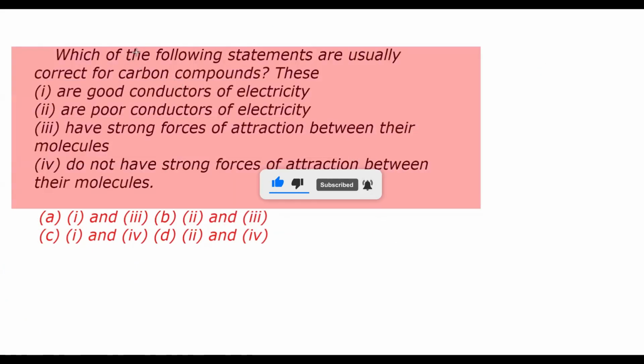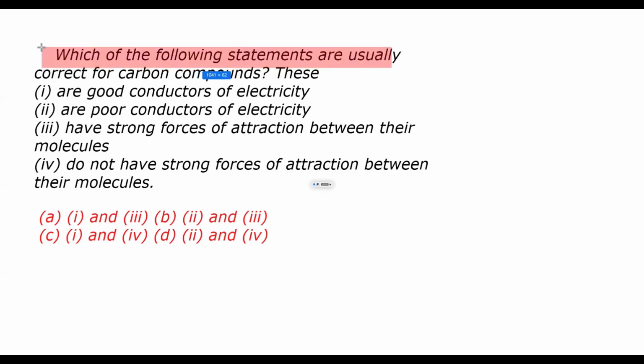The question here is, which of the following statements are usually correct for carbon compounds? Number one, these are good conductors of electricity. It should be wrong, because you know that covalent compounds are poor conductors of electricity. Next is they are poor conductors of electricity. It should be correct, because covalent compounds are poor conductors of electricity.